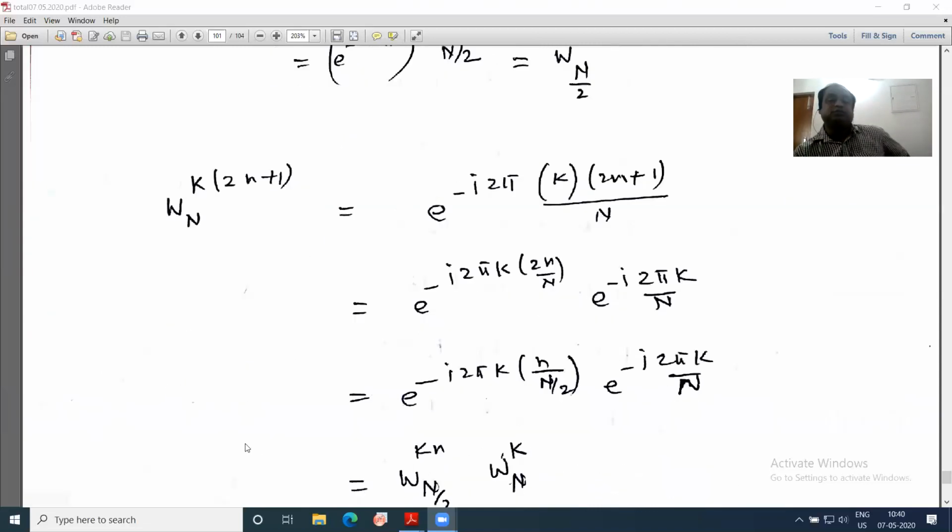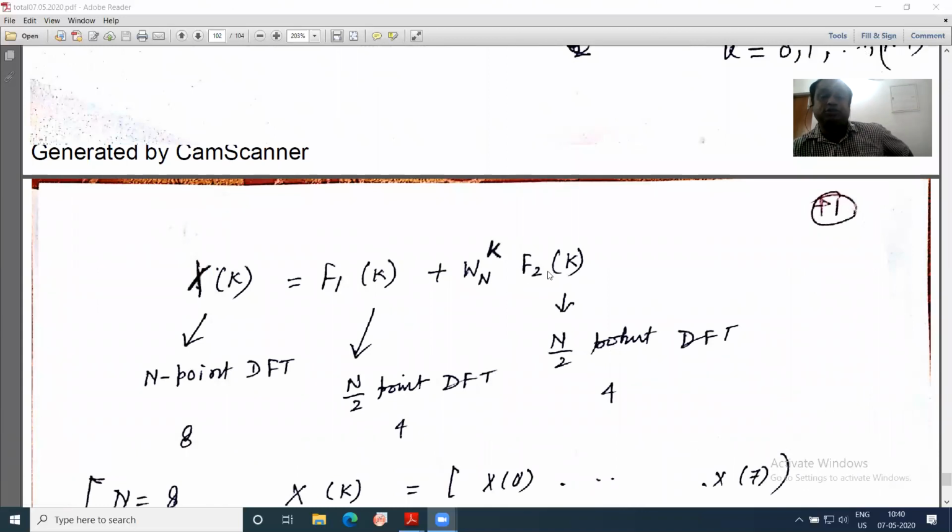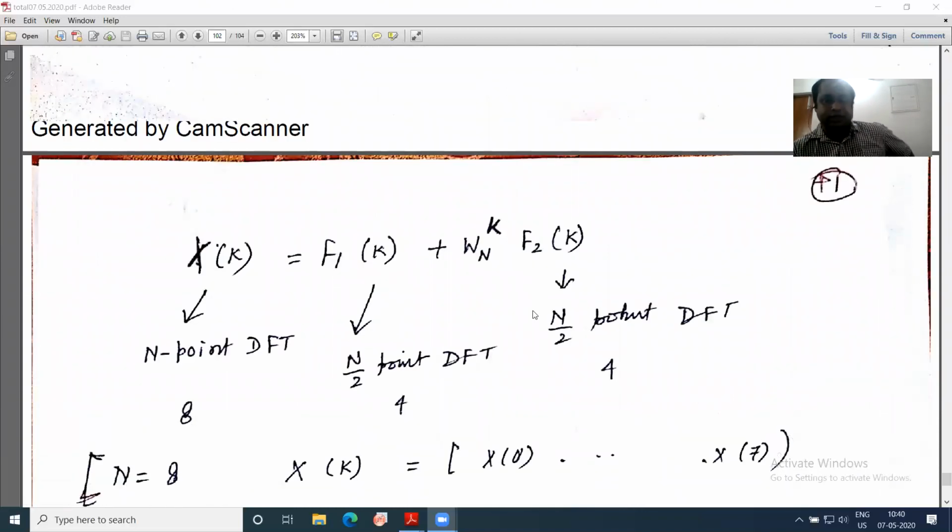With this, we have come to this expression, right? X of k equals F1 of k plus W_N^k F2 of k. Here X of k is your N-point DFT, F1 of k is an N by 2 point DFT, F2 of k is an N by 2 point DFT.